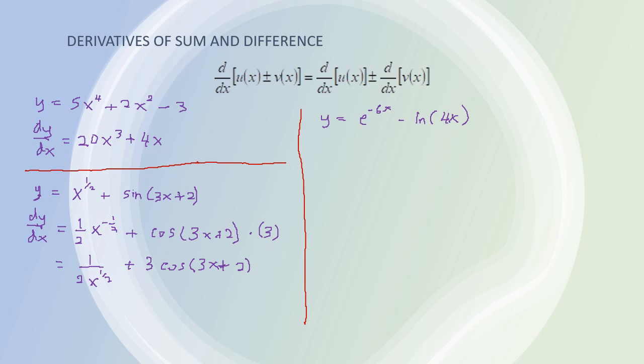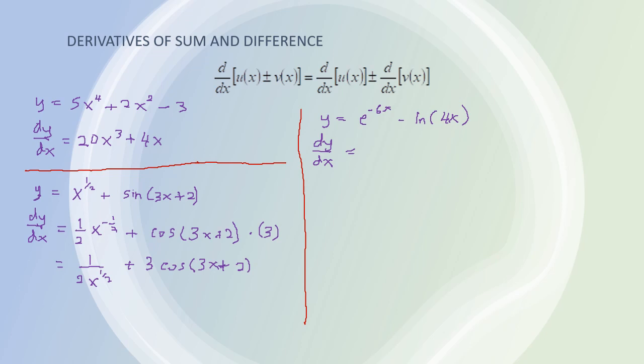Next example, we have y equal to e to the power of negative 6x minus ln 4x. So to find dy over dx, we will differentiate function exponent to the power of negative 6x.